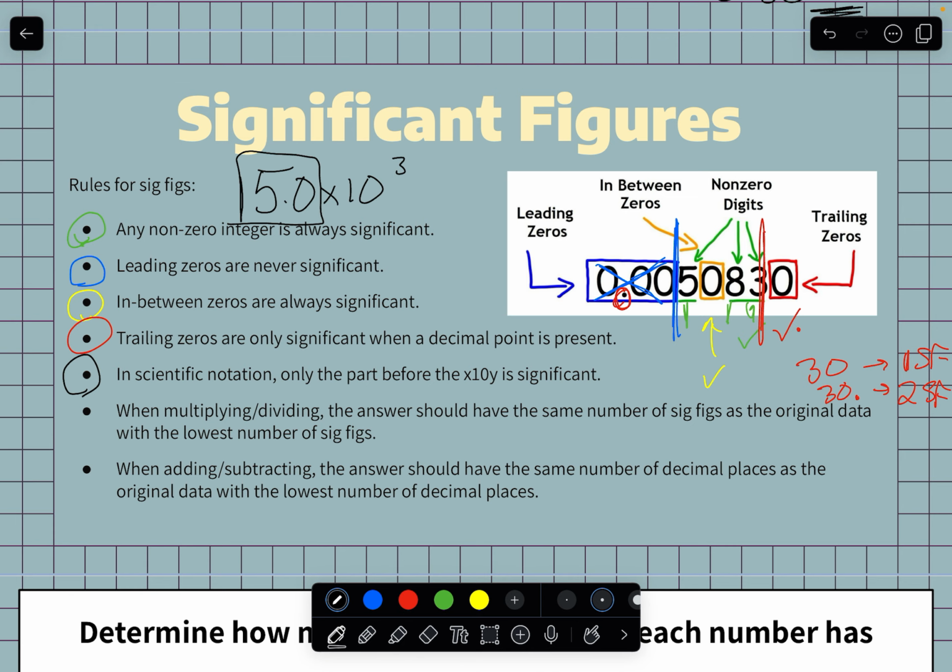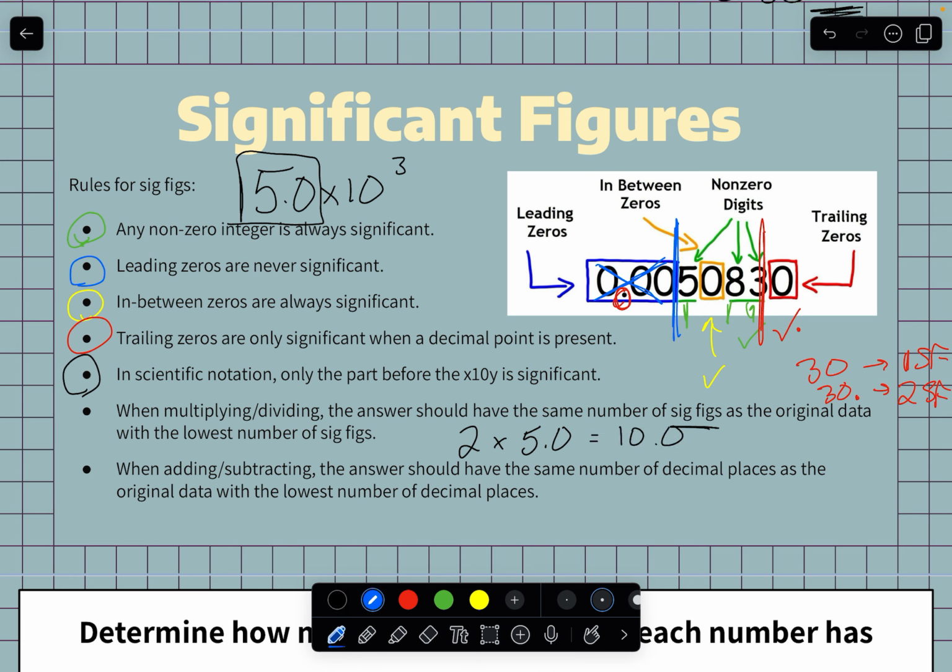And then we have some rules for math. For multiplying and dividing, you're going to use the number of significant figures as the original data with the lowest number. So for this example here, if we say 2 times 5.0, that gives us 10.0.